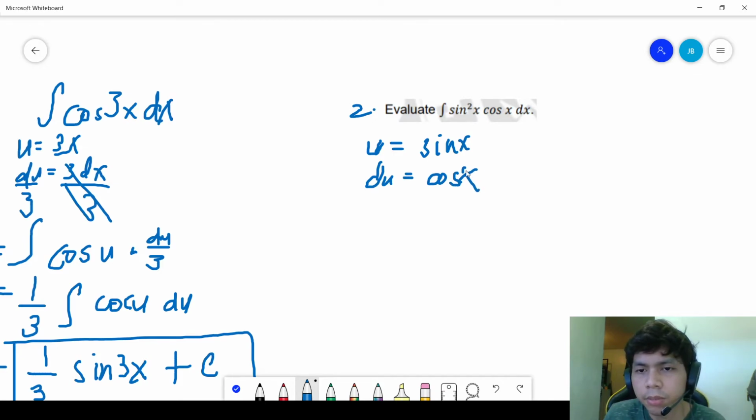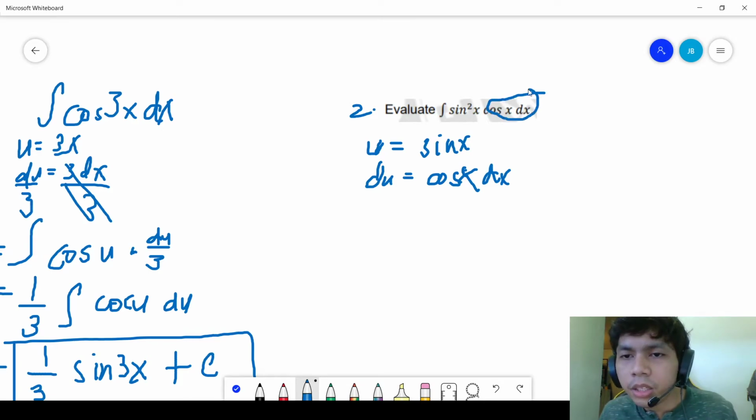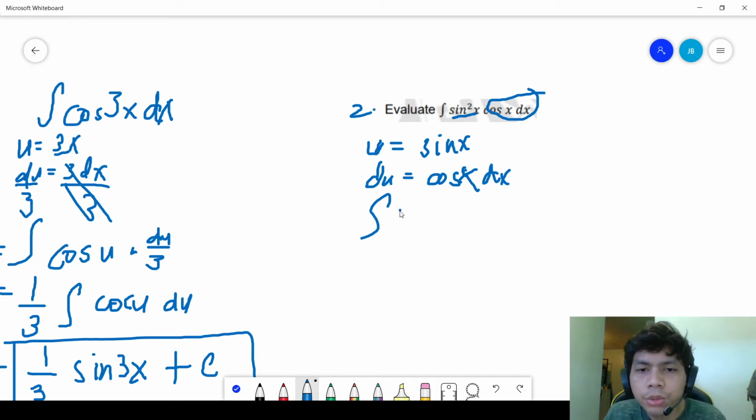Oops, sorry about my handwriting. It's so hard to write on a laptop. So this will be du, and this is u squared, right? Change in terms of u. So this is u squared, then du. Now you can easily integrate this one.